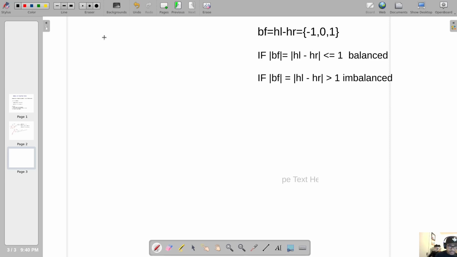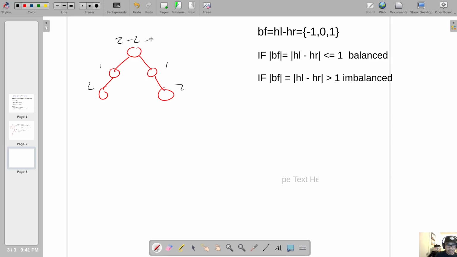Is this balanced? Again, I'm counting the levels, not the nodes. 1, 2, 1, 2.